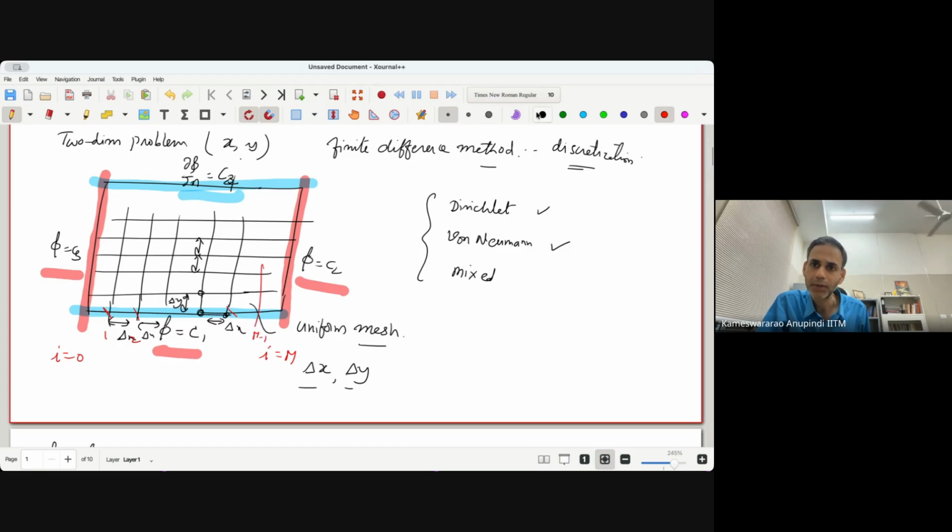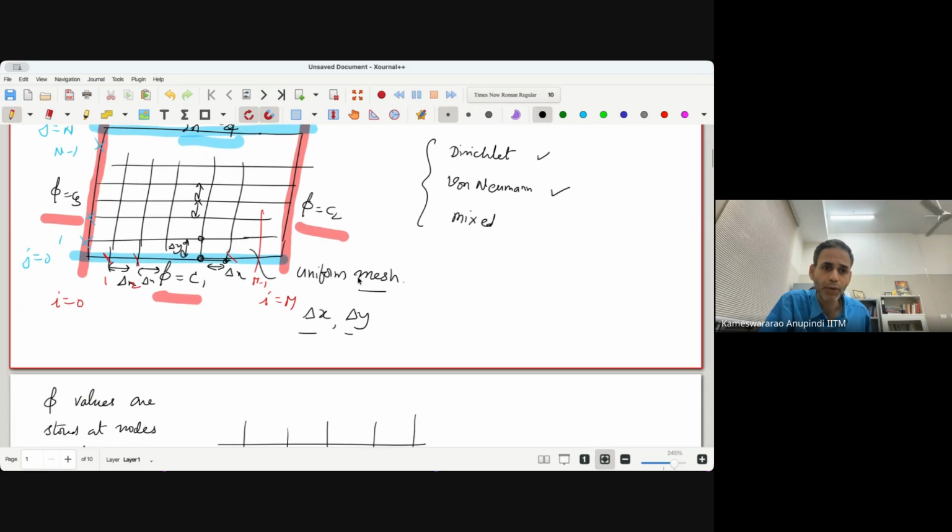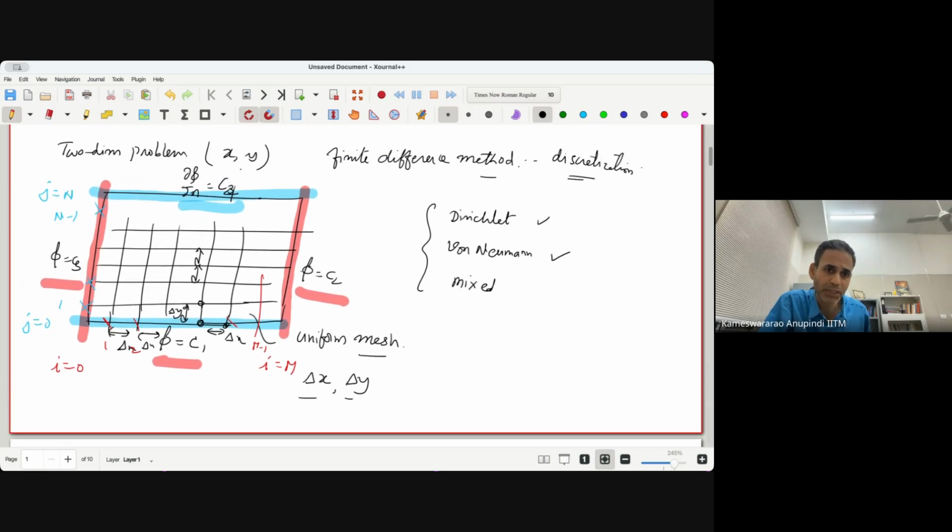Similarly, we have j equals 0 and j equals n, and j goes from 1 all the way to n minus 1. These are the boundary points. We have been specified the values of the dependent variable on these points.